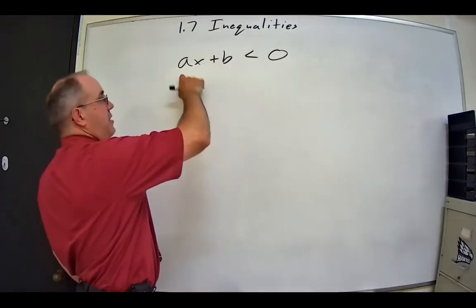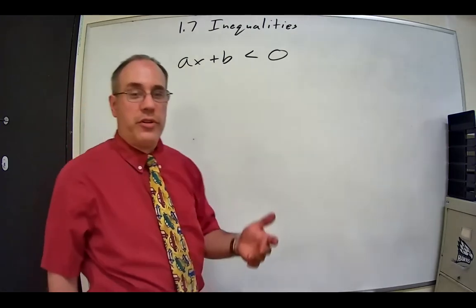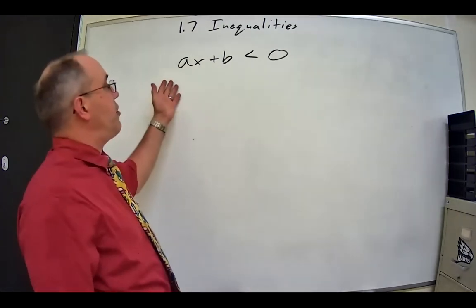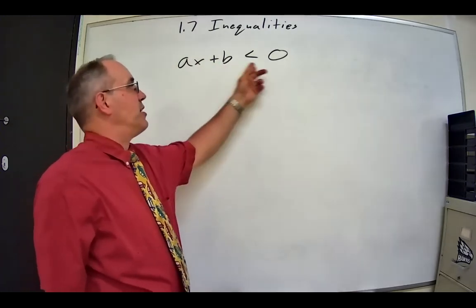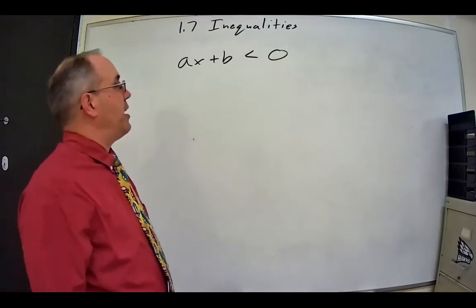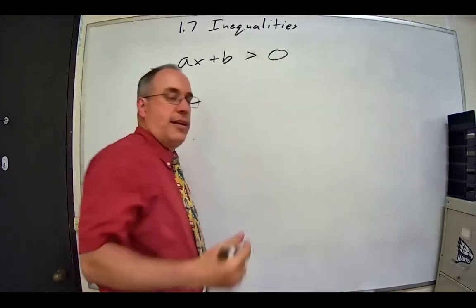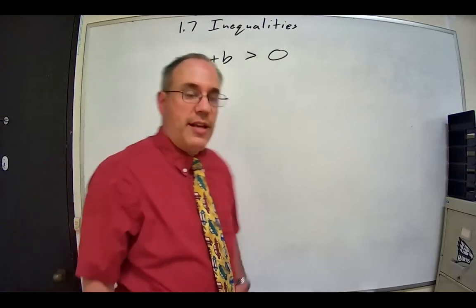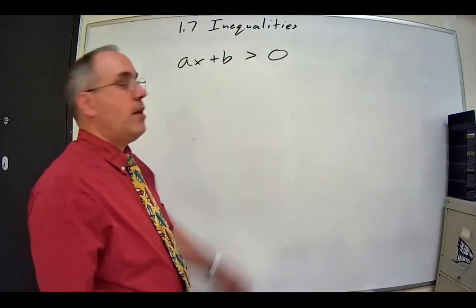In this case, a and b are both real numbers, and a cannot be equal to 0, because as soon as we make it equal to 0, then we just have a constant less than 0, so a negative number, or greater than. Either way, it's not important as long as there is this inequality symbol, not equals.